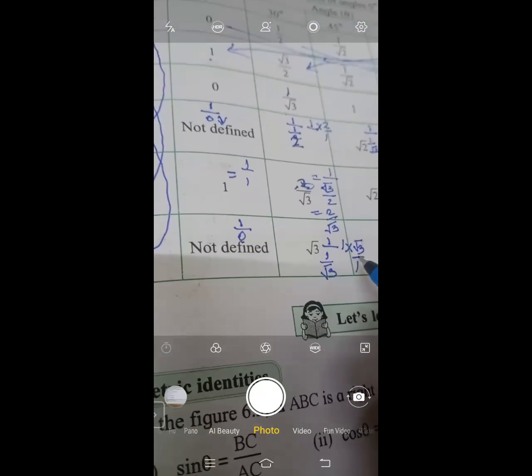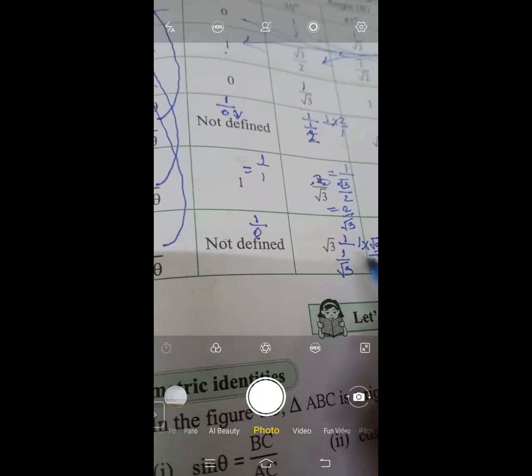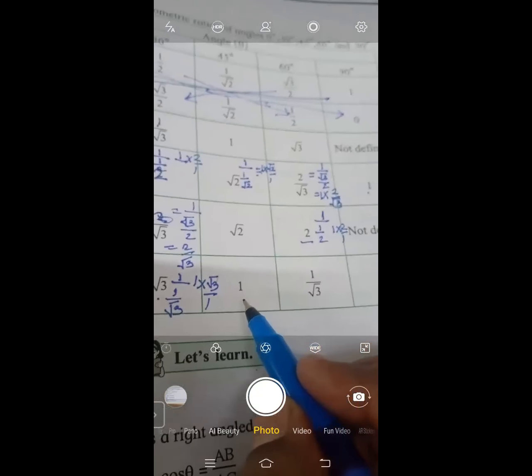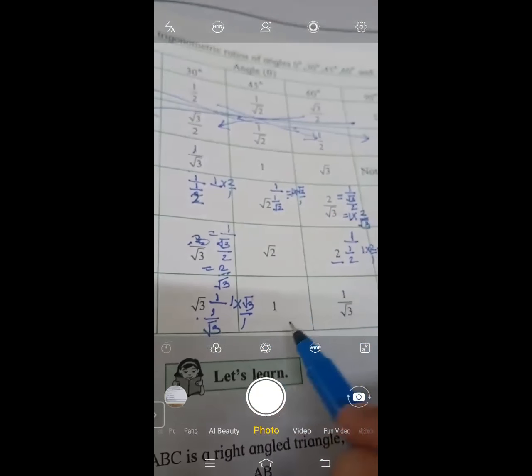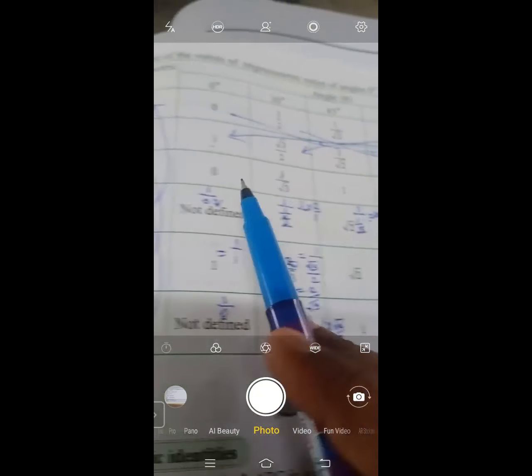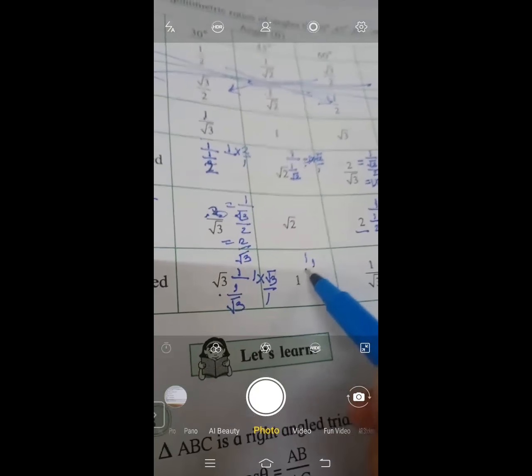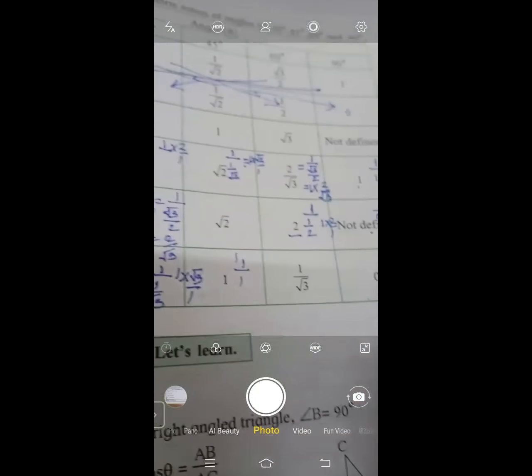So 1 into root 3 becomes root 3. The answer is root 3. For cot 45 degree, 1 upon tan 45. Tan 45 is 1. So 1 upon 1, the answer is 1.